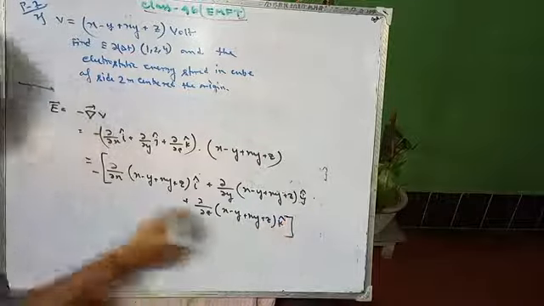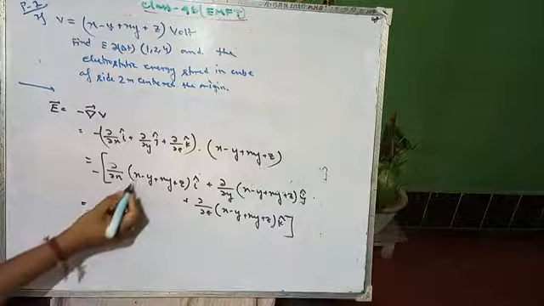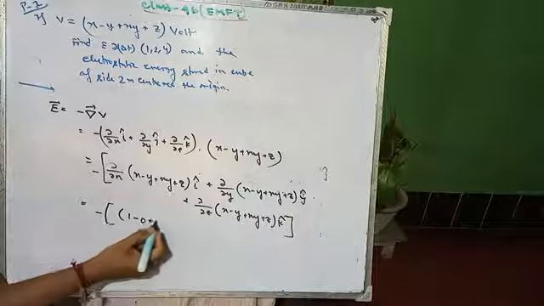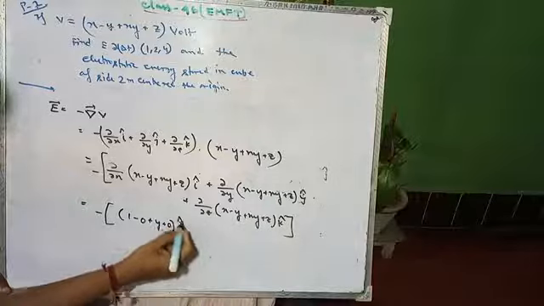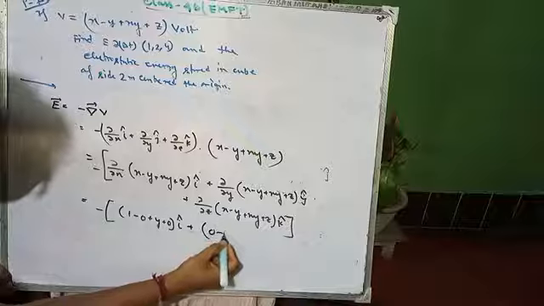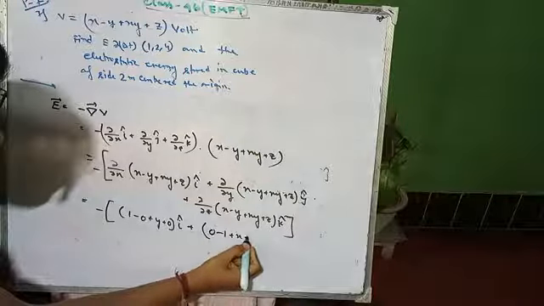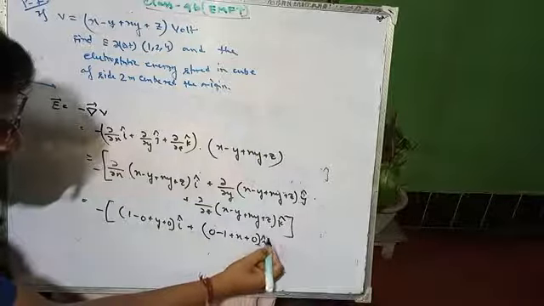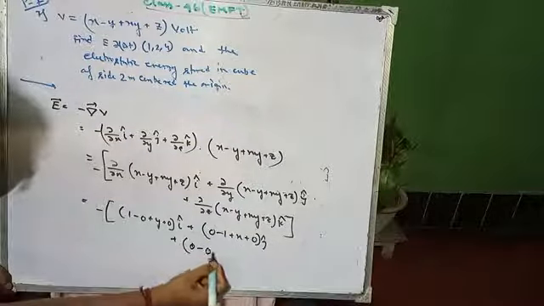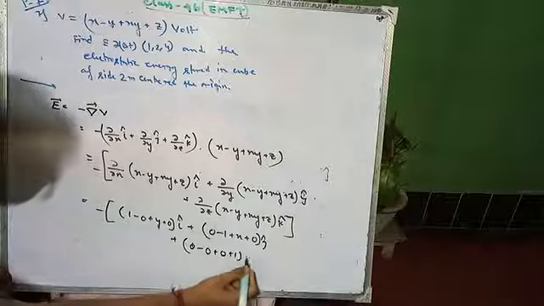Del x of x means 1, so it will be 1 minus 0 plus y plus 0 i cap, plus del y of this, that will be 0 minus 1 plus x plus 0 j cap, and plus del z of this, 0 minus 0 plus 0 plus 1 k cap.